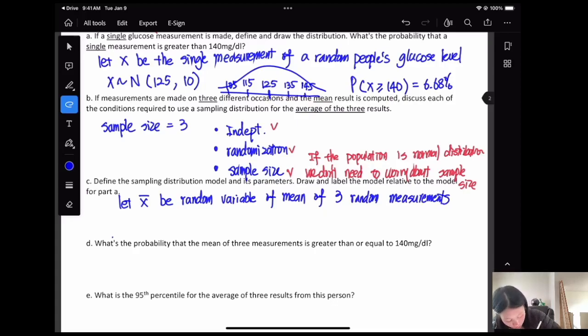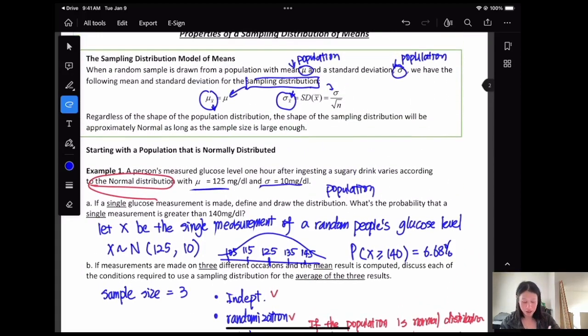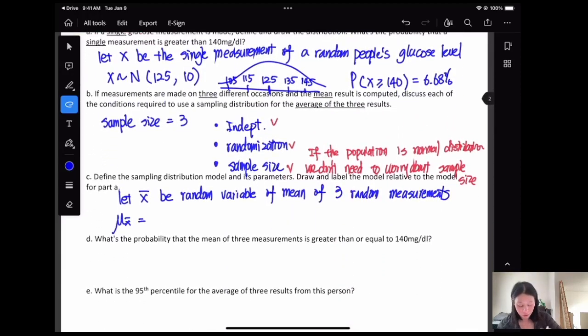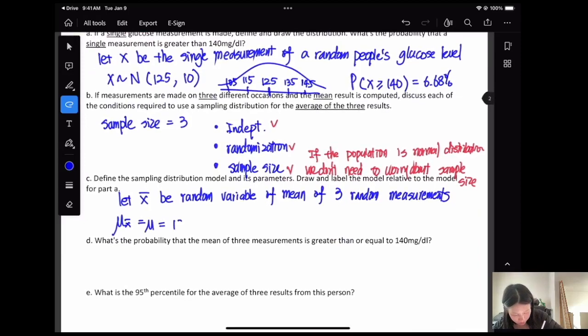Okay, so our sampling distribution mean, mu sub x bar, should equal the population mean, because that's the formula they give you. The population mean in this case is 125 milligram per dl. I don't know what dl means. And then the sampling distribution sigma, I put a small x bar at the bottom, which means it represents the sampling distribution of means.